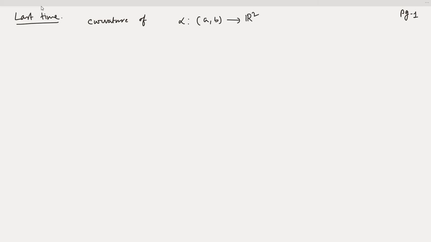The curvature of this is kappa(s), equal to the norm of alpha double prime of s. We have defined the norm of the double derivative of alpha at s as the curvature of the curve alpha. This is unit speed.